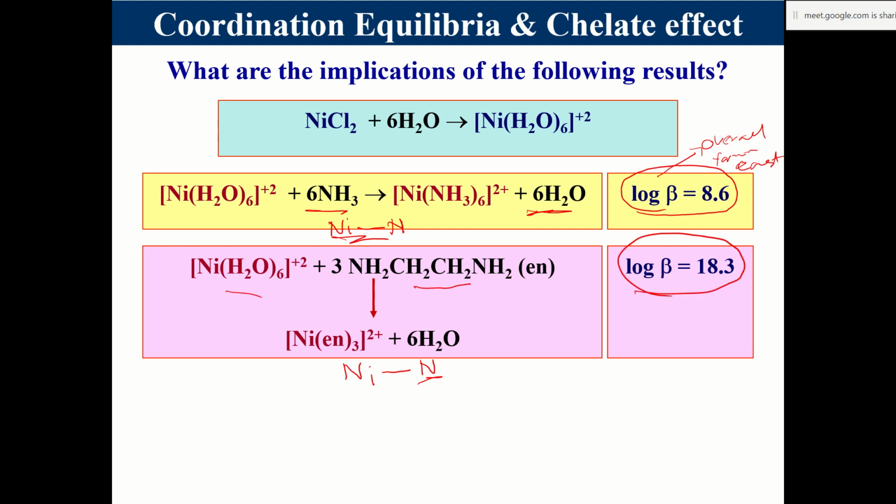The overall formation constant is 18.3; compare the log values, 8.6 and 18.3. In real terms it has gone up by a factor of 10 to the power 10, a huge gain in stability. So the larger the value of the overall formation constant, the greater the stability.